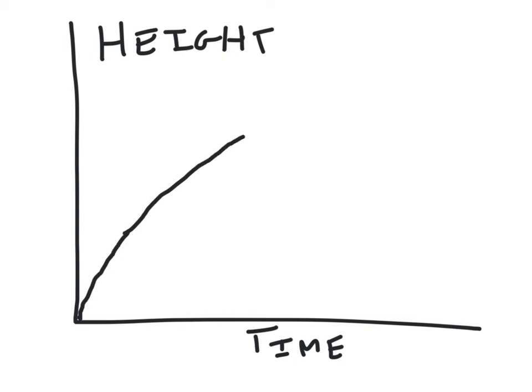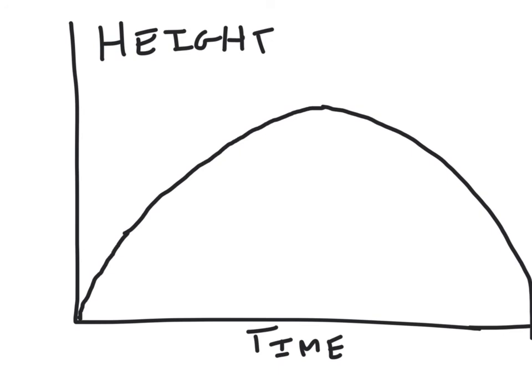But then it'll slow down and slow down and slow down until at some point it stops. And for a moment it'll be stopped right in midair before it starts coming back down to Earth. That's the path of an object shot into the air over time. This models its height at various times. And again, that path is parabolic.